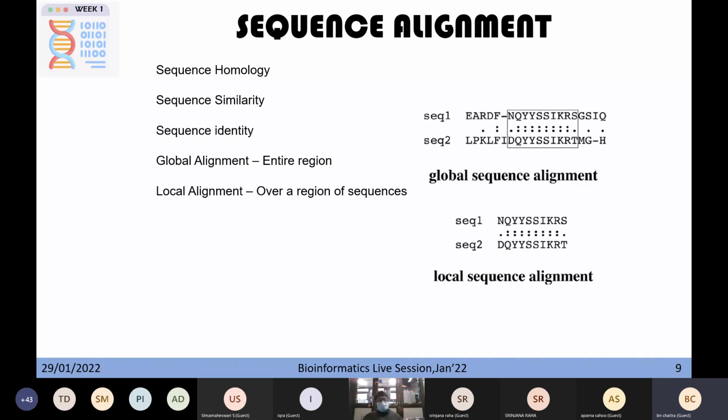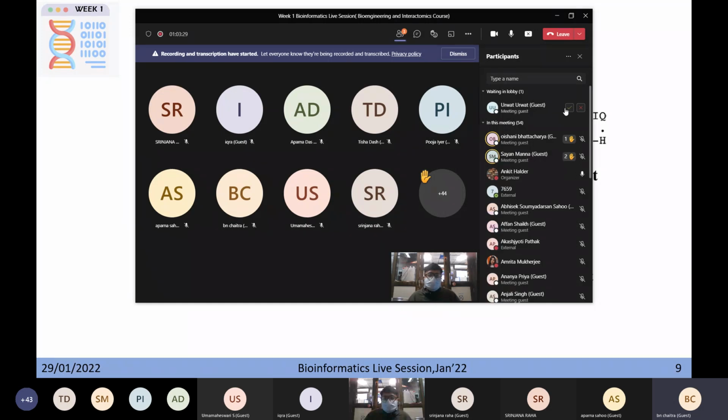We conclude about homology from sequence similarity, but two sequences can be similar without belonging to the same origin, so these are not homologous sequences. Another case: in protein sequences, if you compare and find that the DNA sequences had differences but when translated they contain the same amino acids, that means the sequences are identical. So these are a few terms you need to keep in mind.